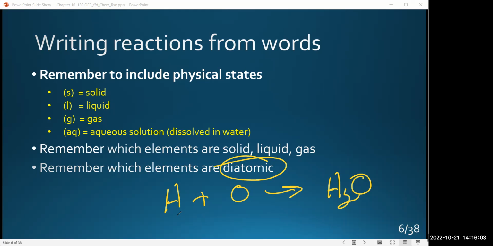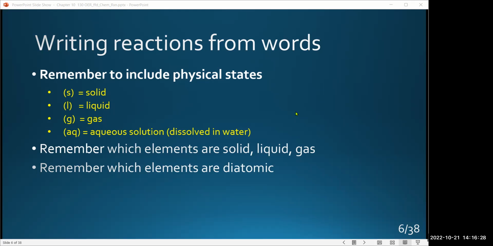There's only 7 of them. So that is the incorrect formula for hydrogen. I've seen this a lot where I got hydrogen by itself and oxygen, and people just put a 2 there and it's balanced. Yes, it's balanced, but it's not correct with respect to the formula for the reactants. So we know that oxygen and hydrogen are diatomic, and that's true for all the other ones.